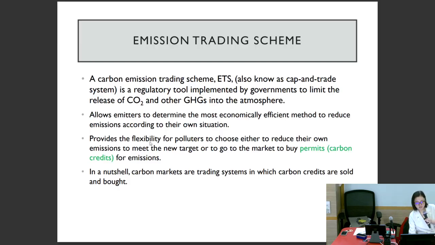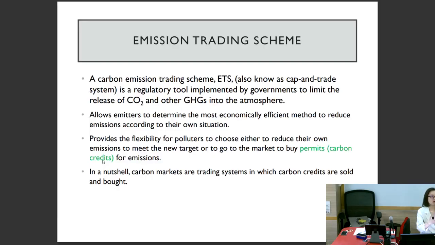So it provides the flexibility for polluters to choose either to reduce their own emissions to meet the new target, or go to the market to buy the permits, or carbon credits, the allowances. Each permit, or each carbon credit, will allow the organization to emit a certain amount of carbon dioxide.